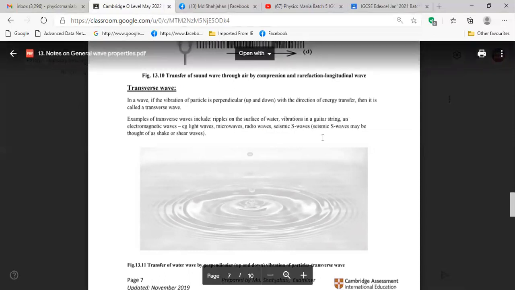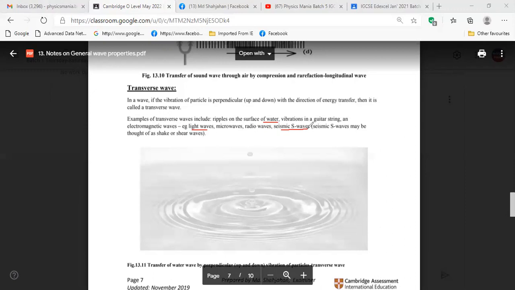Don't write all the things about examples. You write only water waves, then light waves, then seismic S waves, etc. Other things are available in your Google Classroom. From there you check.